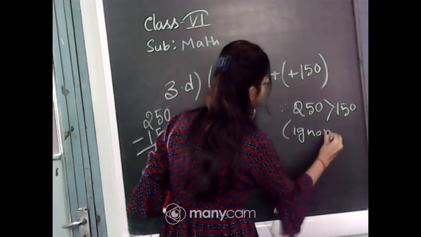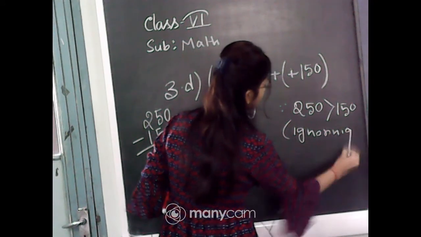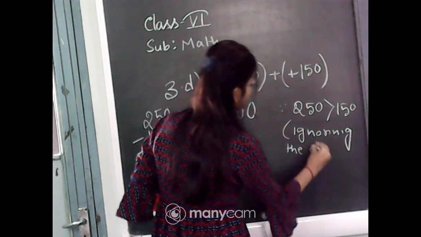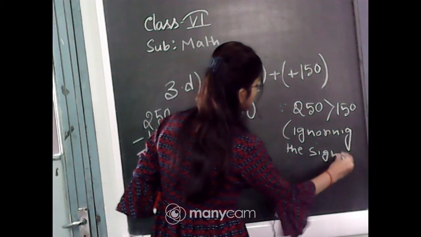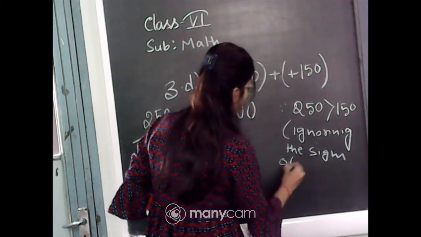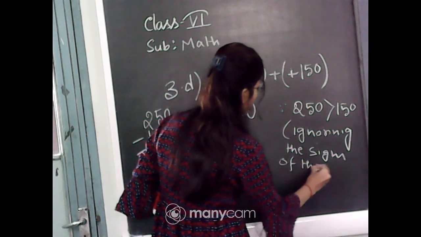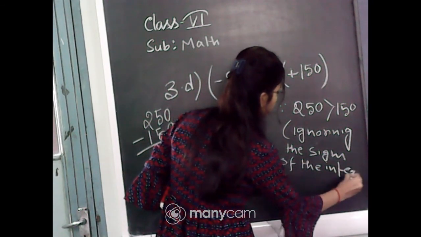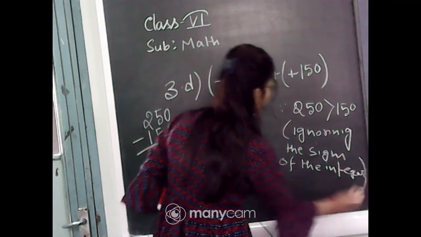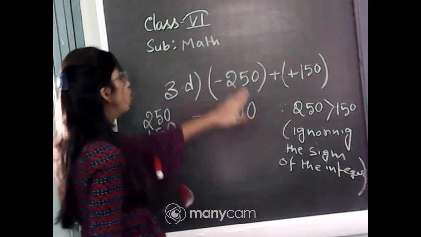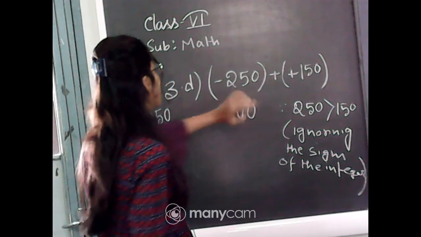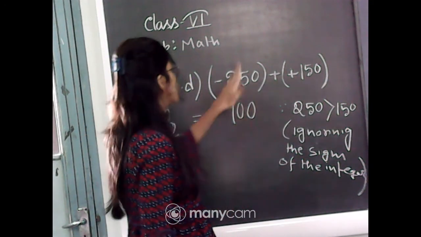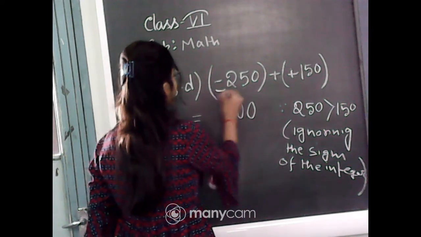ignoring the signs of the integers, the answer will take the sign of the bigger integer. Here 250 is greater than 150 and the sign of 250 is negative.